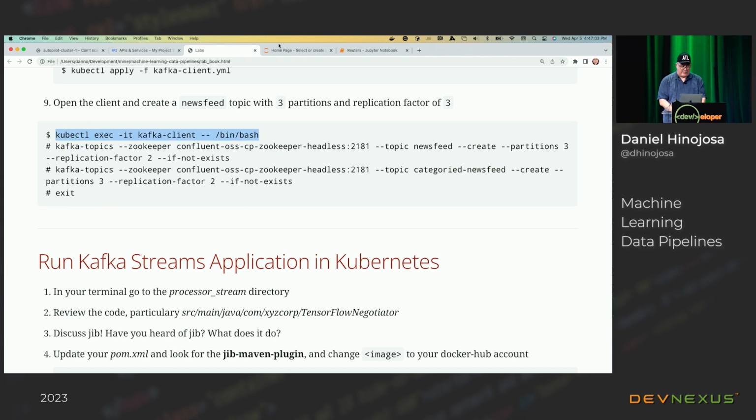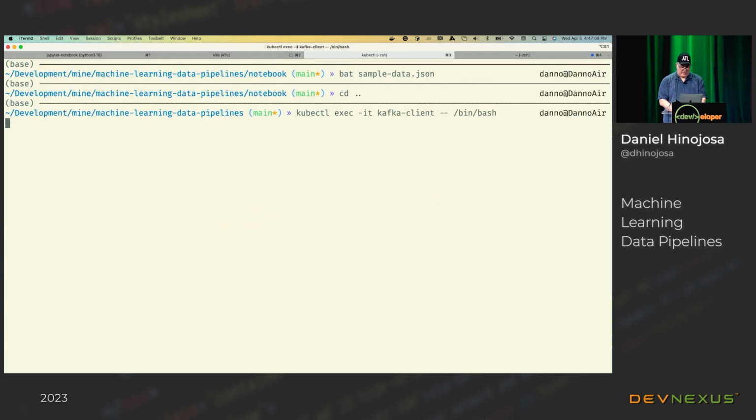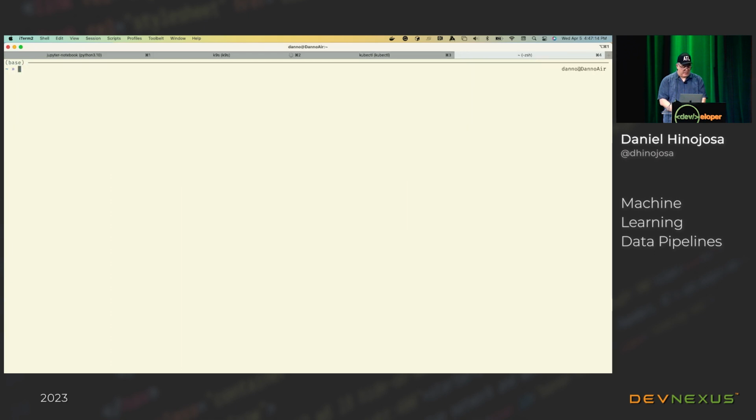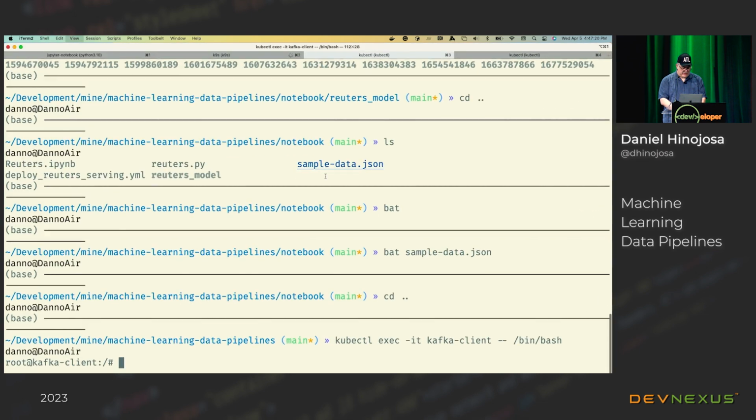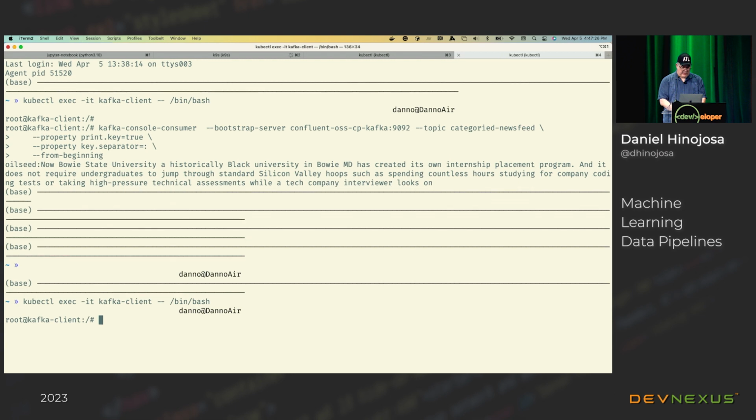I've already created the topic, so everything should be in motion, and let's hope everything works. So I'm going to run the client here, and on this one, I already did one run before. I'm going to run 2 Kafka clients, and there we go. And I'll go ahead and increase the font here, and here as well.